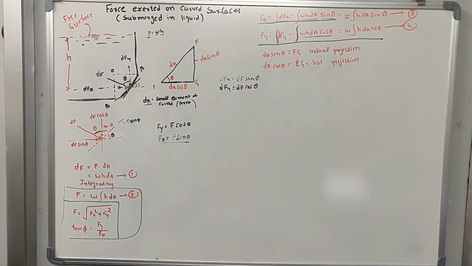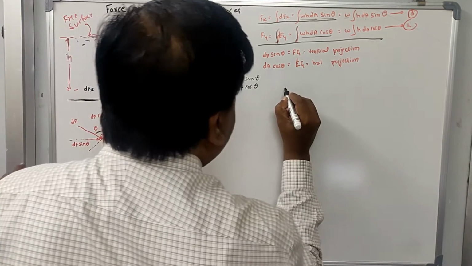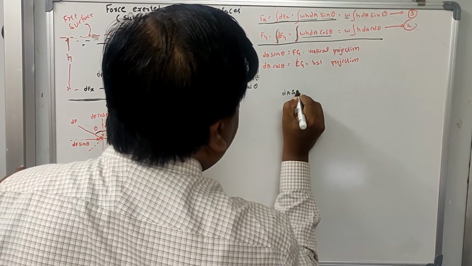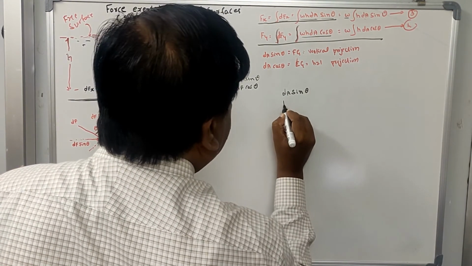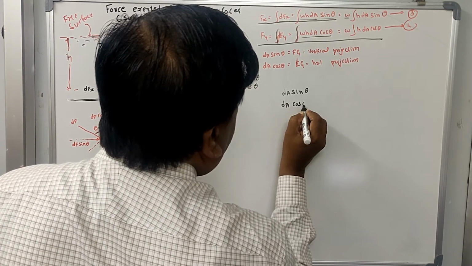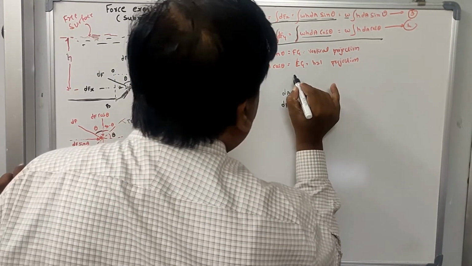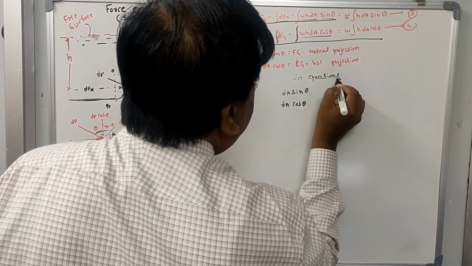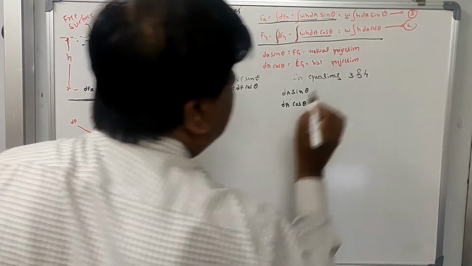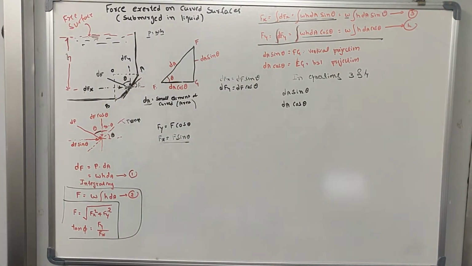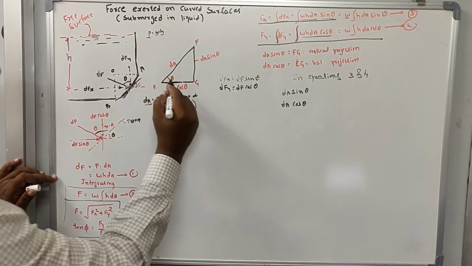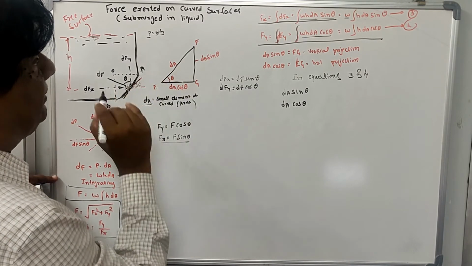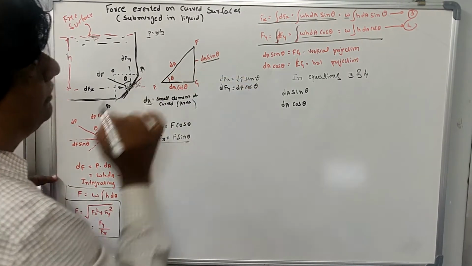Now you observe dA sin theta and dA cos theta in equations 3 and 4. If this angle is theta, what does this dA sin theta represent?